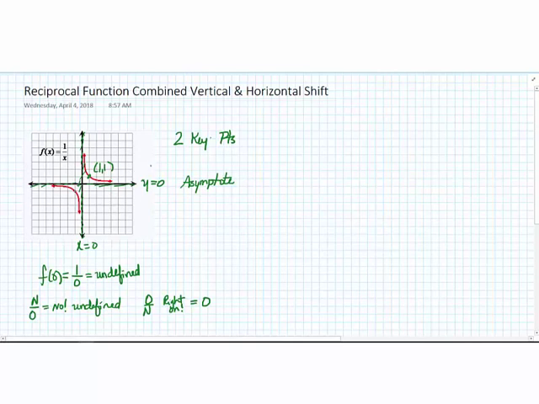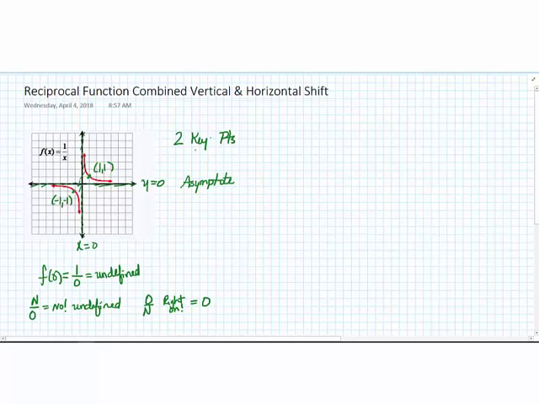And what other number has itself as its reciprocal? How about -1? -1. If you take 1 over -1, don't you get -1? Yeah. So those are the 2 key points I want you to plot. Plot the asymptotes, and then just show that the graph is kind of going right along the sides of the asymptotes there.